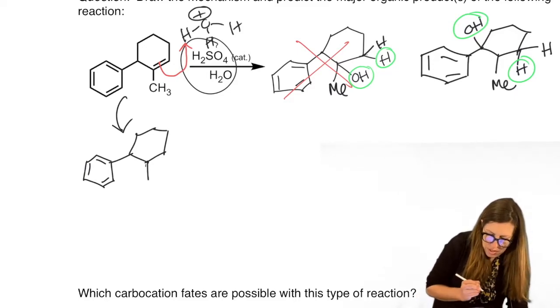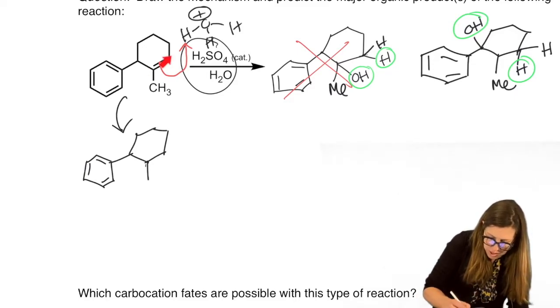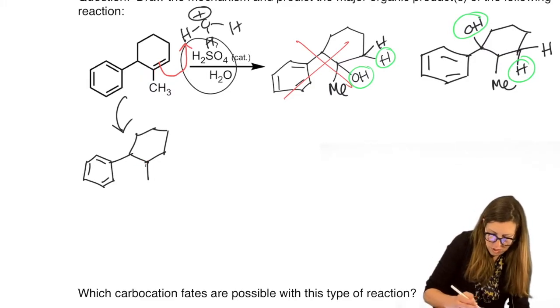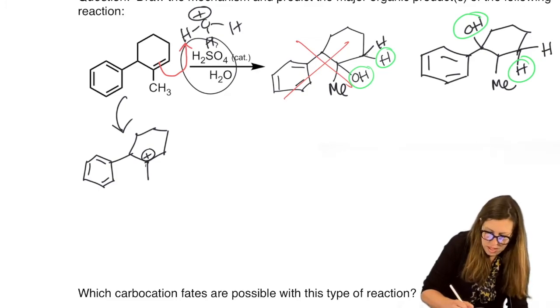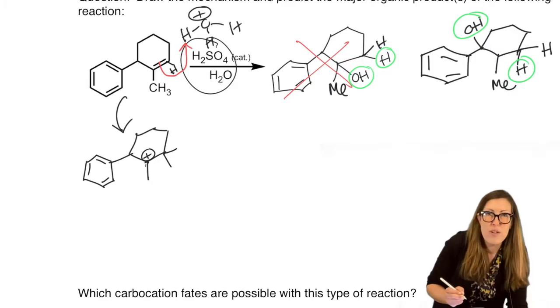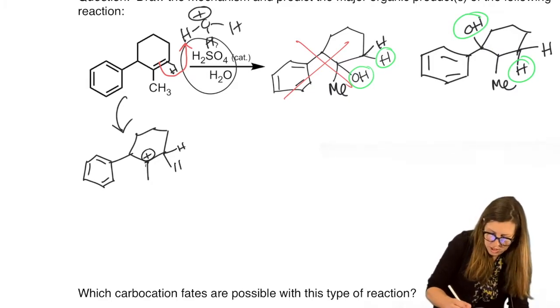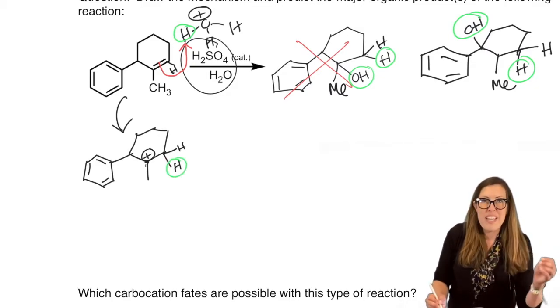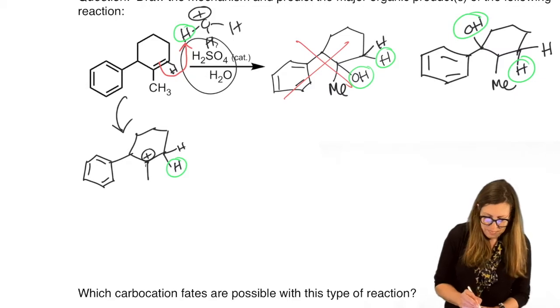So where is that positive charge? Of the two carbons, the better positive charge would be residing on that tertiary carbon. So that's where I'm going to put it, which means it did not get the H. It means that the other carbon that was less substituted, that had an H already to begin with, gets the second H. So I like to track these things just because it helps me remember where everything came from and how the mechanism worked, right?